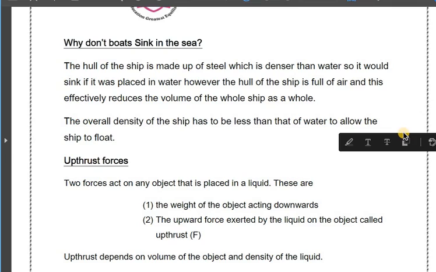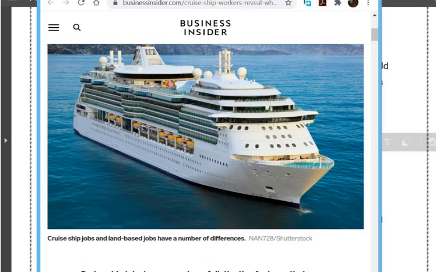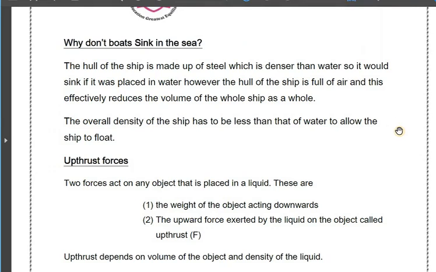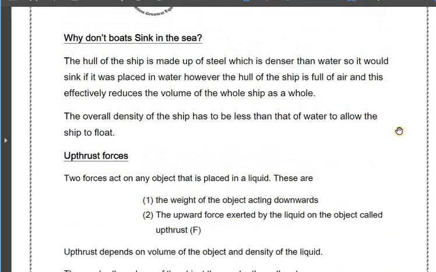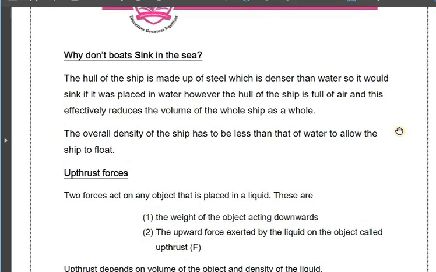So you say the mass of the ship divided by the volume of the ship. All of the empty air spaces in the hull of the ship constitute the volume. If you find that your value is less than 1 gram per cubic centimeter, remember that's the density of water, all right? So if the density of that ship is less than the density of the water on which it is floating, that ship is going to float. It's not going to sink. That's why boats don't sink, right?